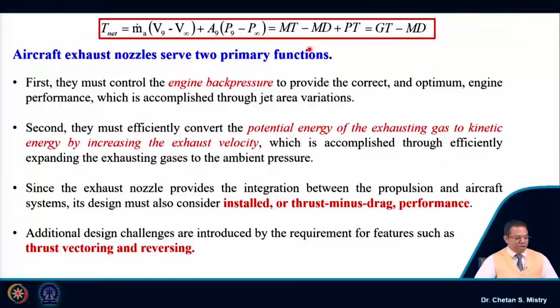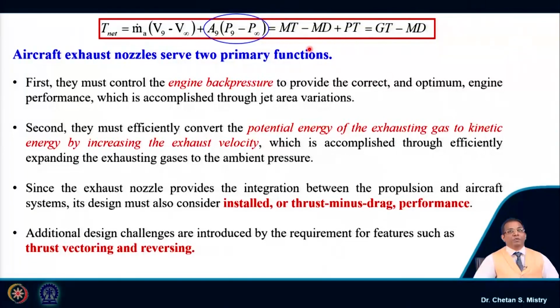So, let us look at this formula, where this term represents my pressure thrust. The question may arise: what is the use of the nozzle for our aero engine? Very first, it is used to control the exit back pressure in order to achieve correct optimum engine performance, and that can be achieved by having the correct area ratio.